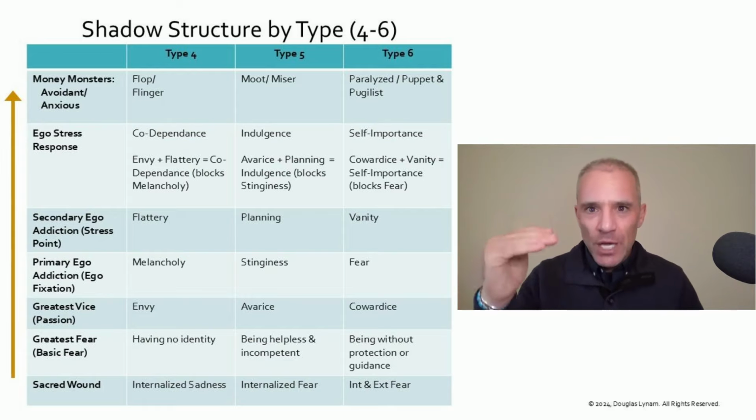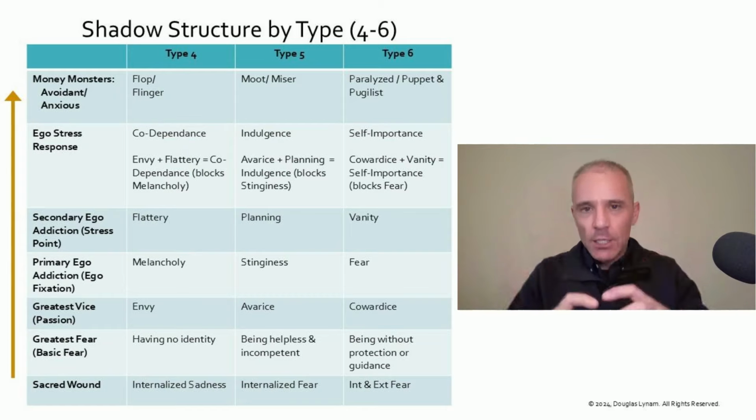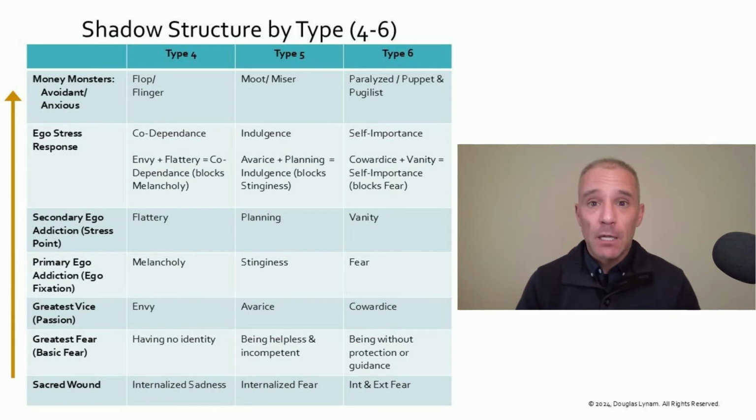And so in order to hide all that envy and all that fear from their conscious mind, that rests now in the unconscious, in the shadow, and they develop a primary ego addiction to melancholy. And what that means is it's sort of a bittersweet sadness that 4s revel in, because it allows them to feel uniquely misunderstood, like their suffering is somehow much more intense and worse than the rest of us, which ironically is often true because type 4s tend to be very sensitive and they feel things much more deeply than the rest of us.